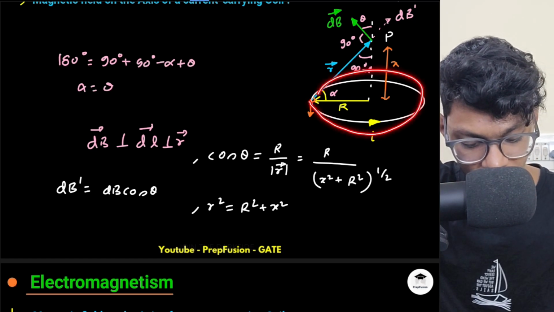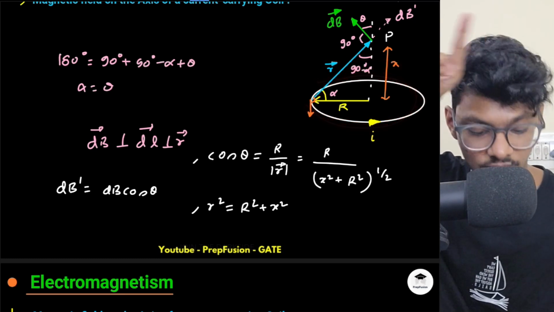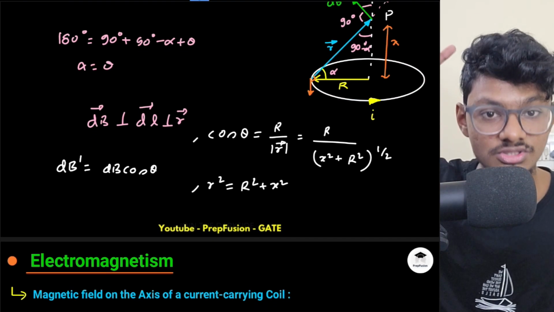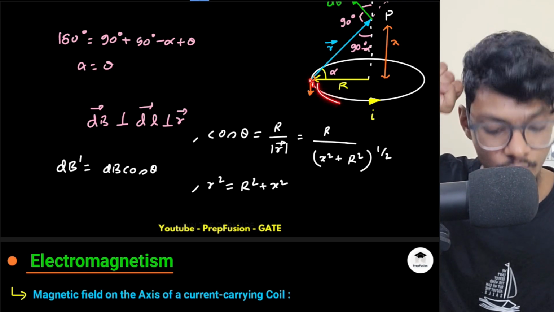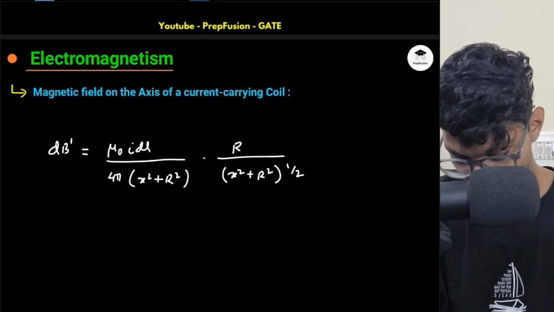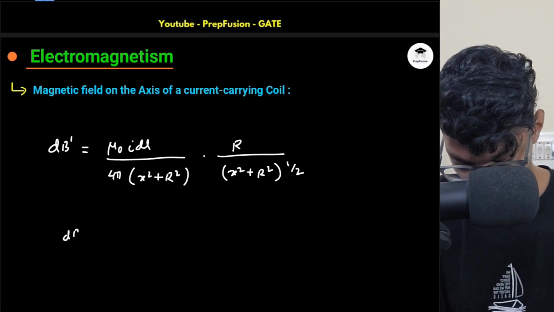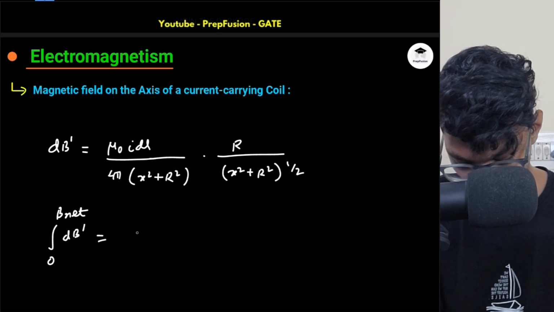What will be the magnetic field? I have to sum all these points, so I will go along this whole direction. Now, what is this distance? This is from dl equals 0 to l equals 2 pi r, this whole circumference. This x is fixed, right? So to get the whole magnetic field, B net, I will go along the whole path.